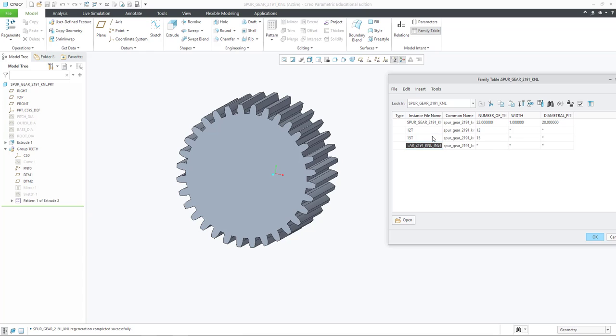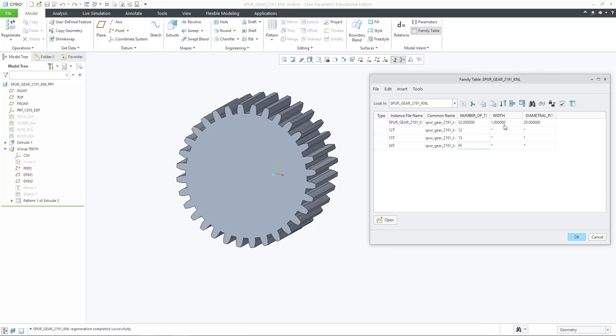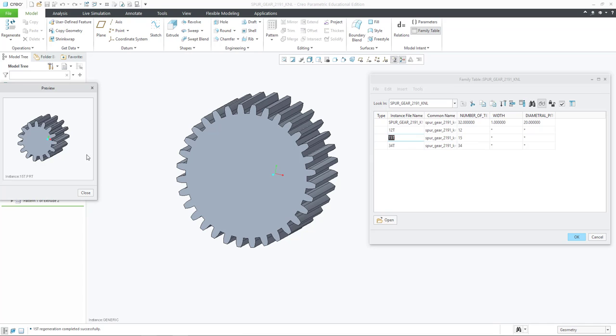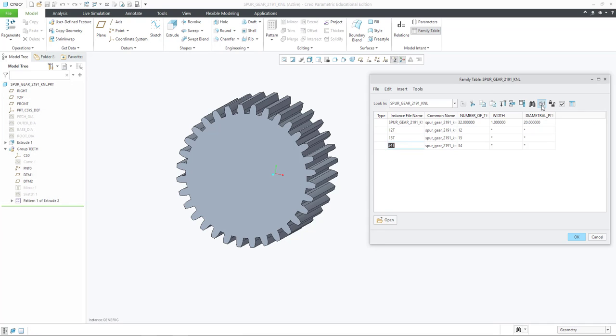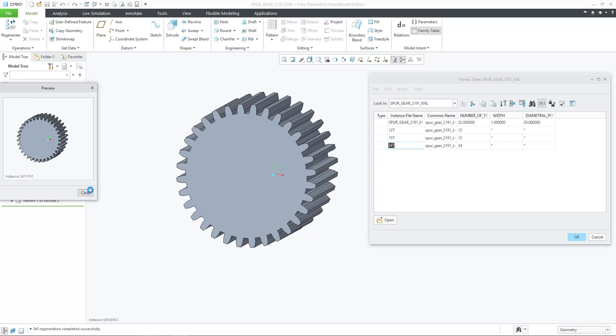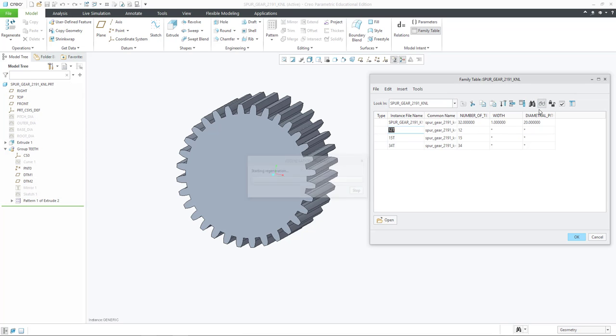And for my purposes, I'm going to have a diametral pitch of 20 because that's what we're going to use later on. Okay, let's see how that works. Click the preview. Looks good. All right, and I think we got it.